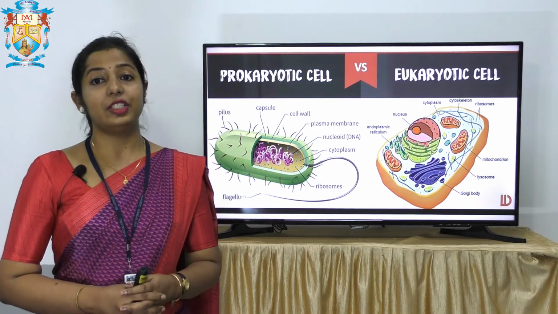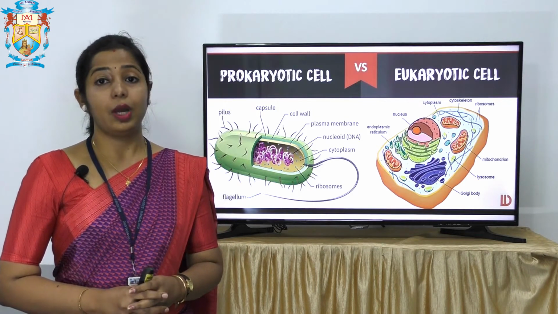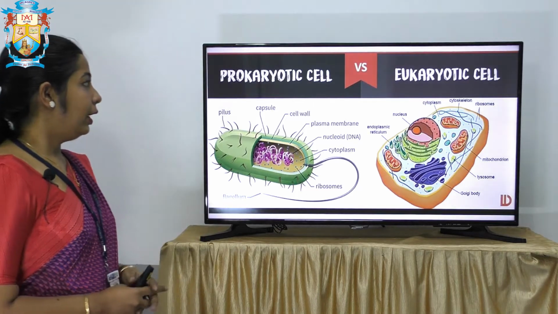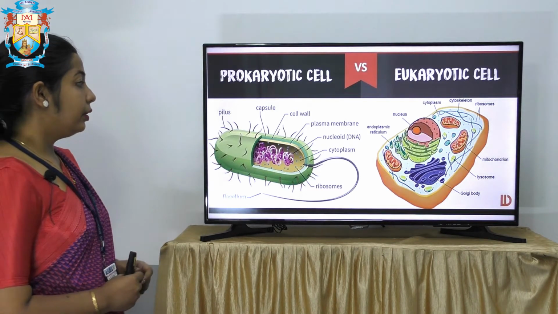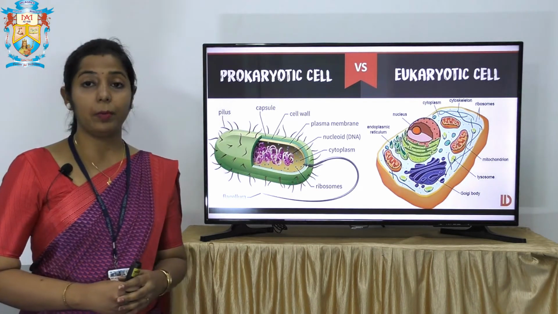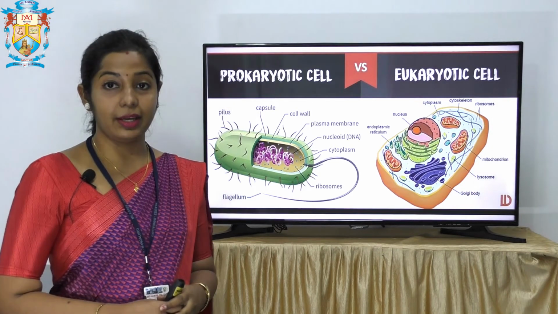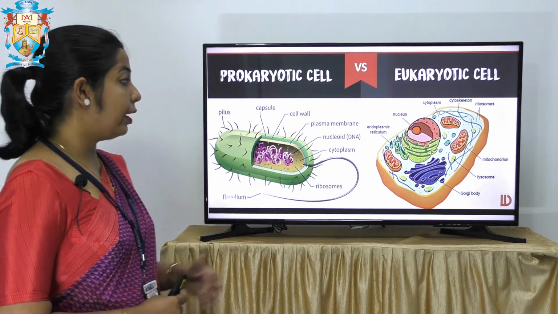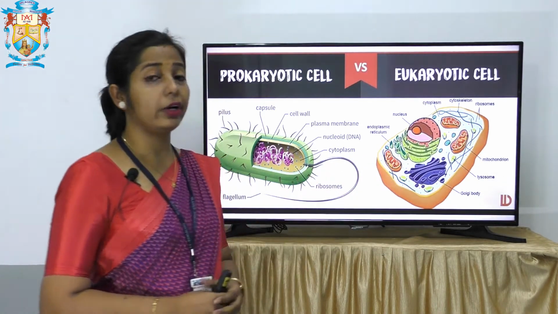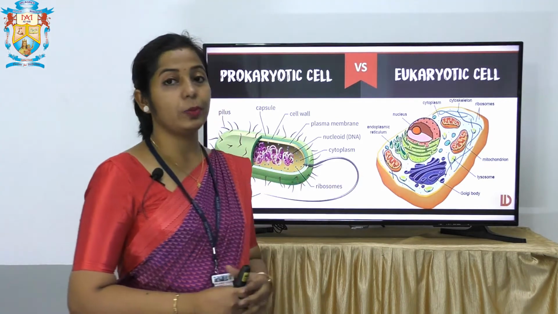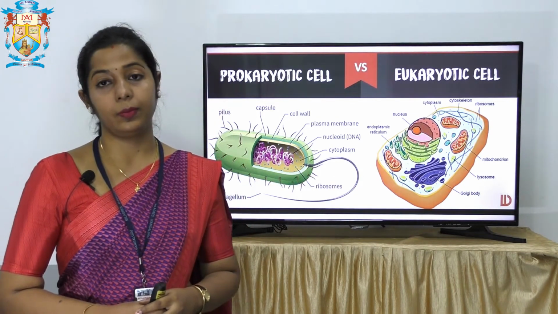That means the genetic material is covered by a nuclear membrane. In prokaryotic cells, there are no membrane-bound organelles present in the cytoplasm, whereas in eukaryotic cells, there are many membrane-bound organelles like mitochondria, Golgi apparatus, endoplasmic reticulum, etc.